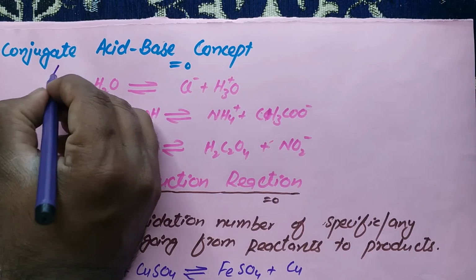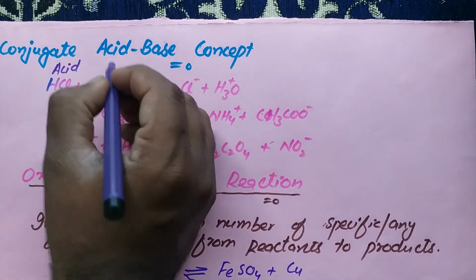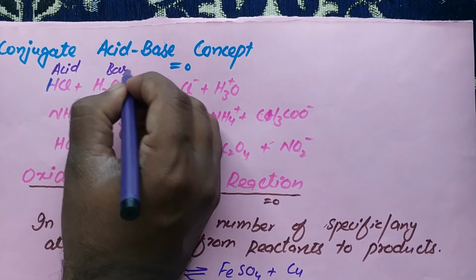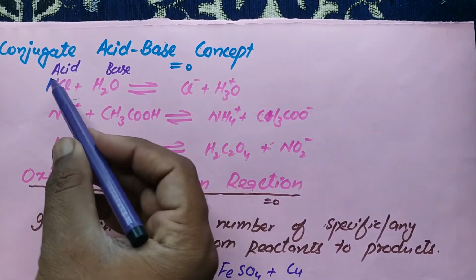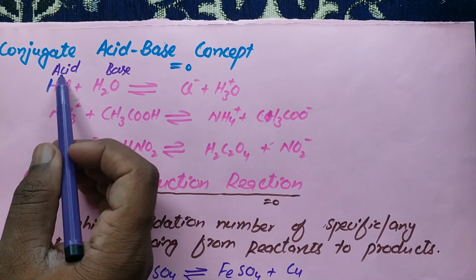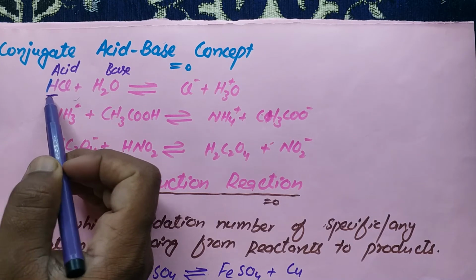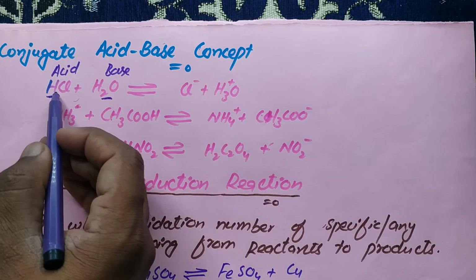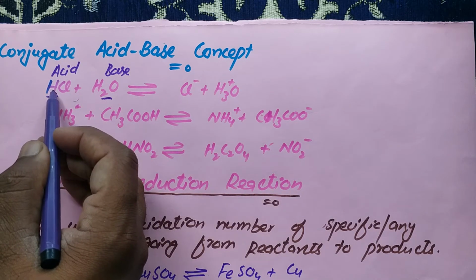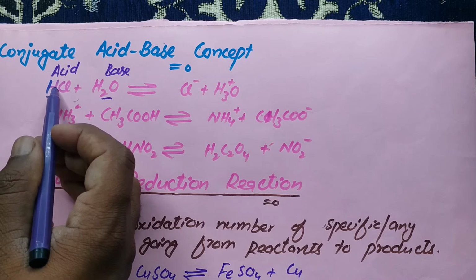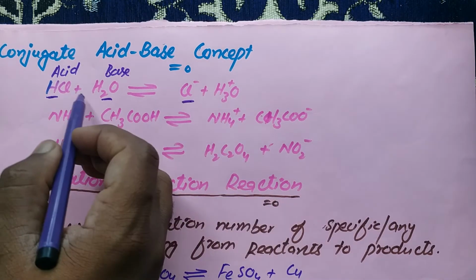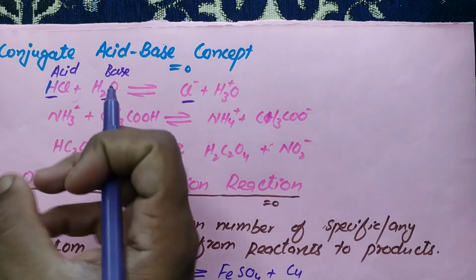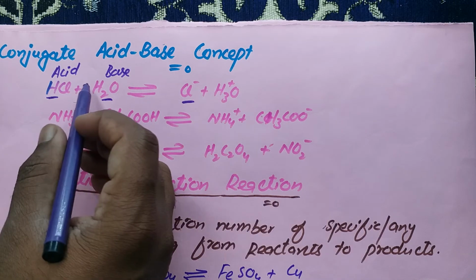If this is acid, the other will act as base. Why? Acid gives proton, so the other species will accept the proton. The species that gives proton will act as acid, and then base will accept proton from acid.